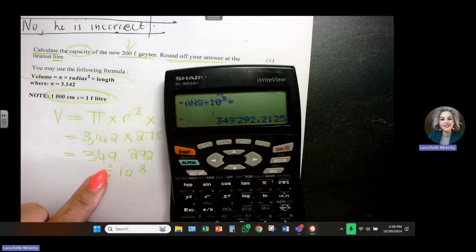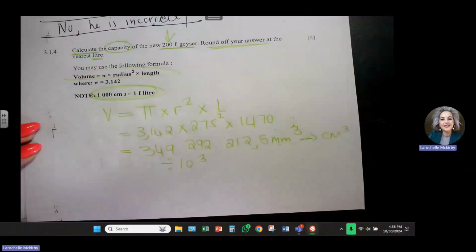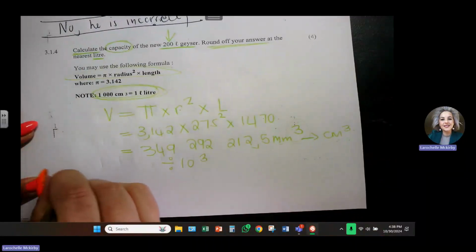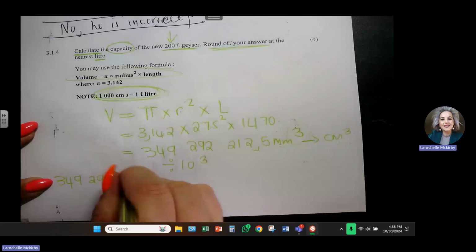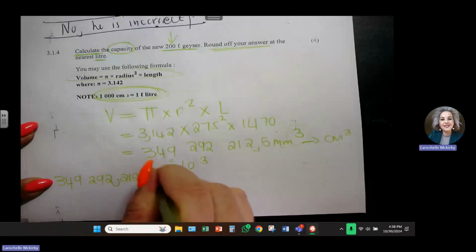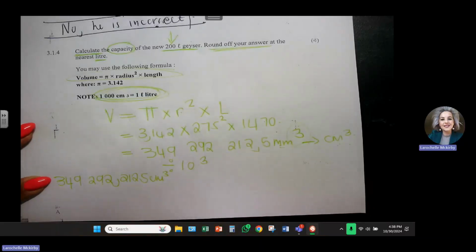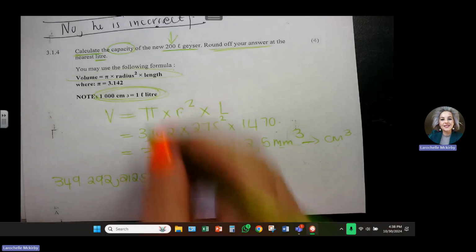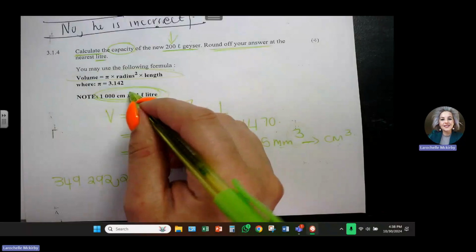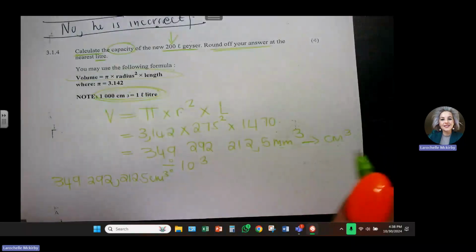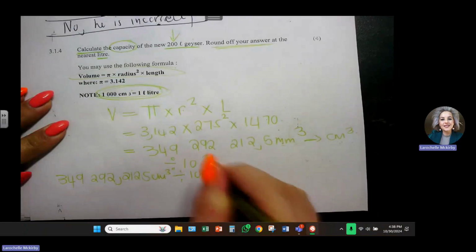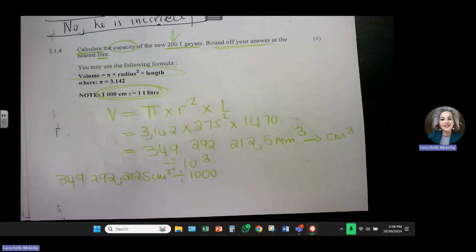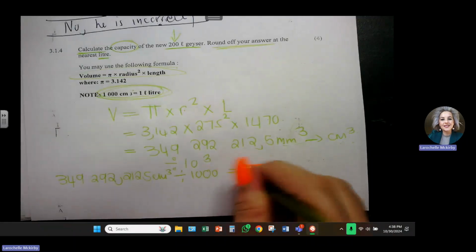And now when I get to my answer is 349,292,212.5, and that is cubed centimeters. And now I can use the tip to say, okay, now we can convert to liters. Converting to liters will get me by dividing by 1,000.